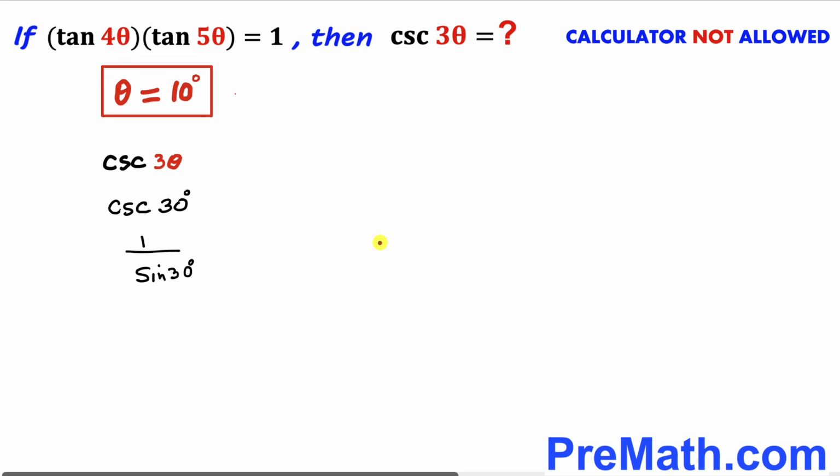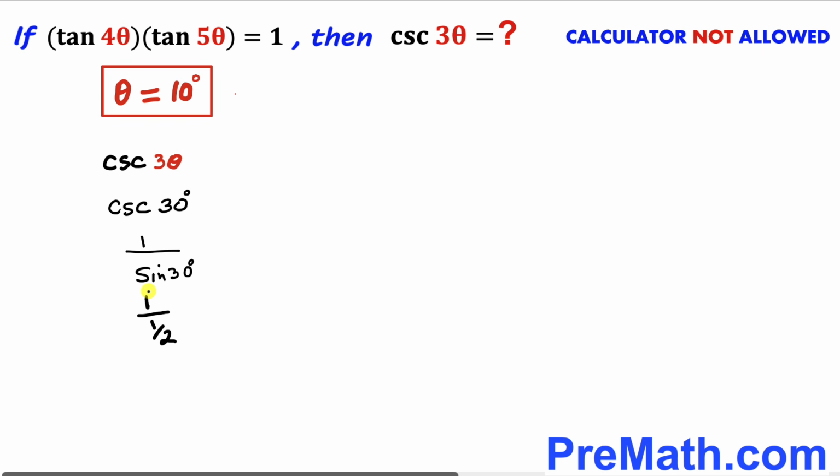And now we know that sine of 30 degrees is simply 1 divided by 2. So we are going to replace sine of 30 degrees with 1 divided by 2 over here. So this could be written as 1 divided by 1 divided by 2.